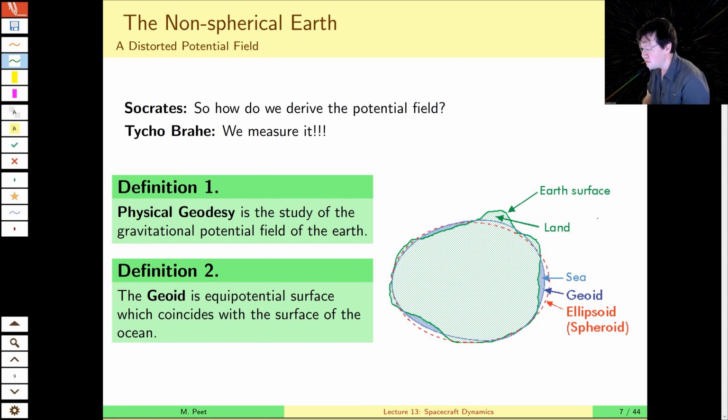And so the only reasonable solution is to actually go out and measure how the Earth is composed, the composition of the Earth. So we measure it. This is a very, very old field of study, physical geodesy. One interpretation is that it measures the shape of the Earth.